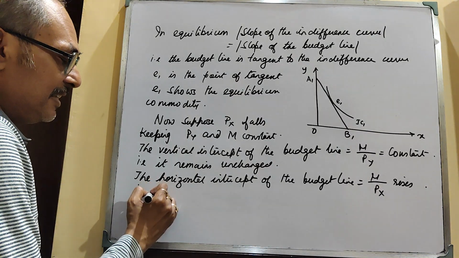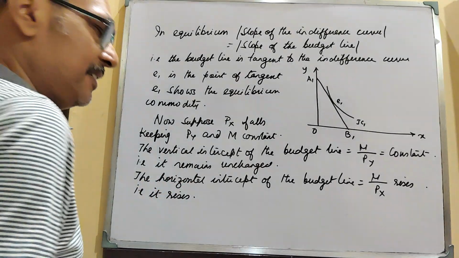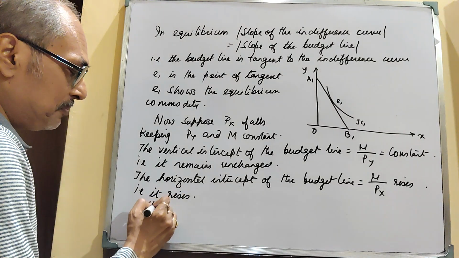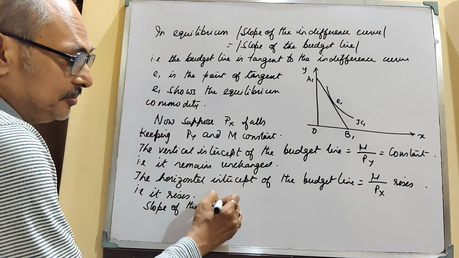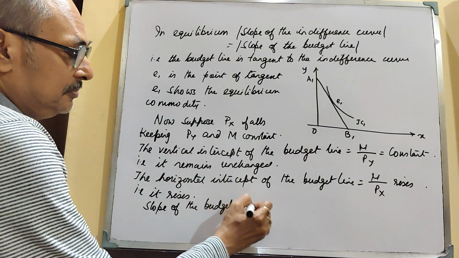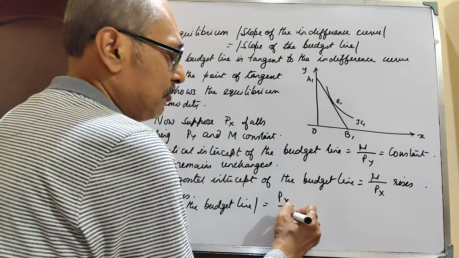And the slope of the budget line? We take the absolute value, which is Px by Py.